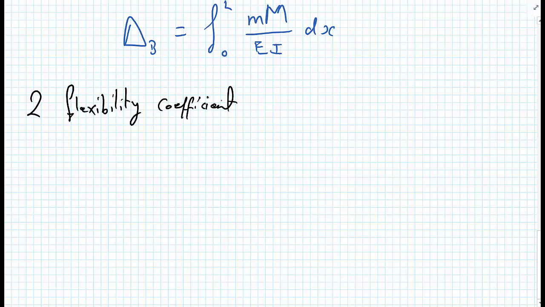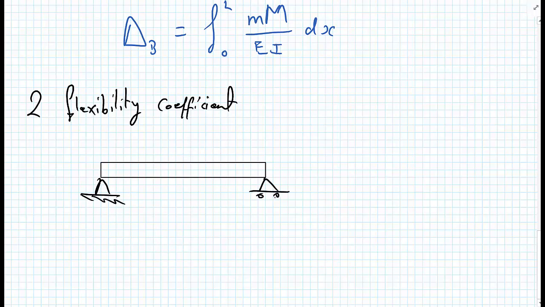And similar to what we did with truss structures, we wish to know, again, we have the same geometry, the same boundary conditions, and if we apply a unit load where we'd like to know the flexibility coefficient, in the direction that we'd like to know the coefficient, from this arrangement we will get a bending moment diagram like this.